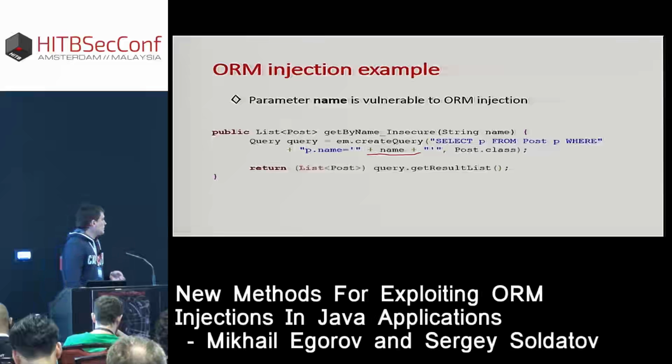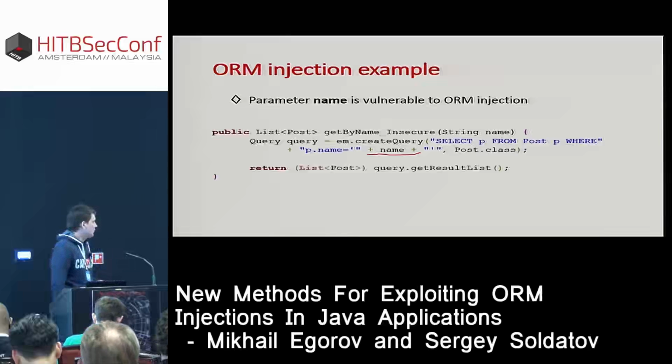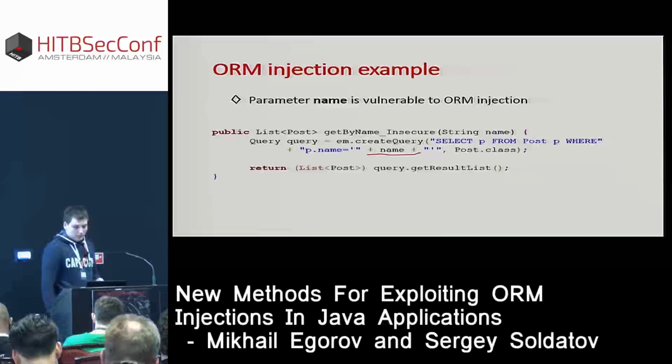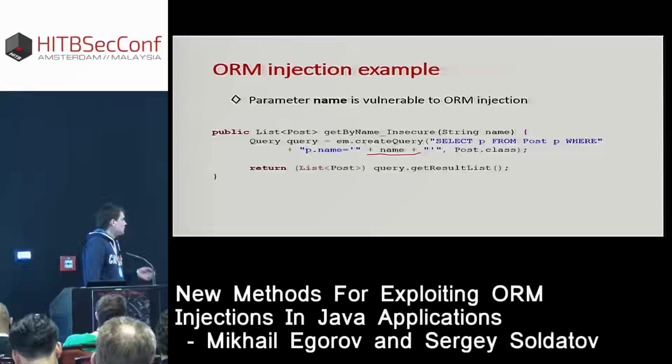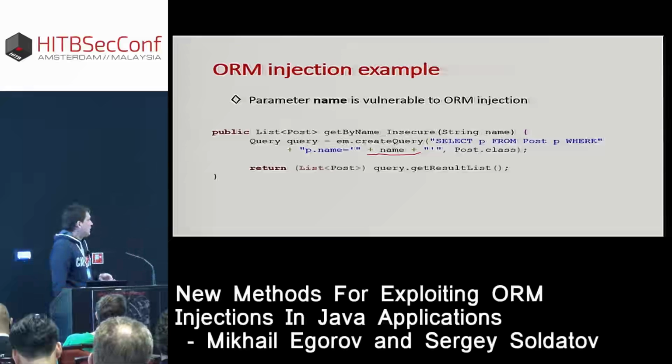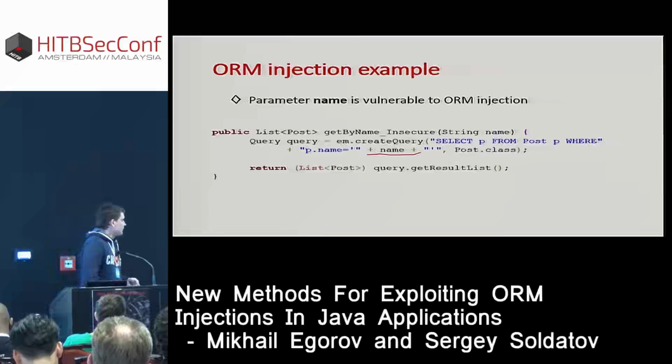Here on the slide you can see an example of a function that is vulnerable to ORM injection. The JPQL query is constructed by string concatenation. There is a static part, and it is concatenated with the name parameter that is controlled from outside of the function.